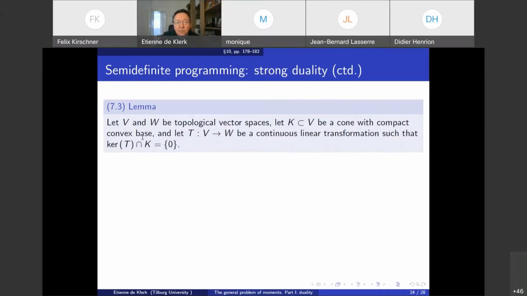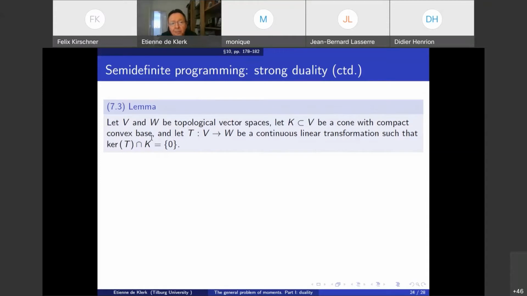So what is the base of a cone? It's just a subset such that if you take the non-negative multiples of everything in the subset, then you get the entire cone. So we need such a compact convex base. If we think for a second, what would be a suitable base for the positive semi-definite matrices?